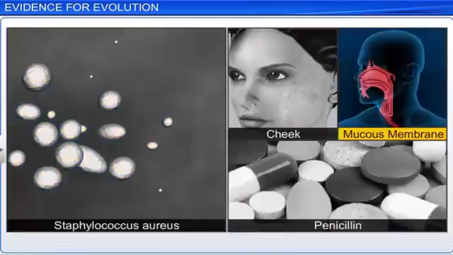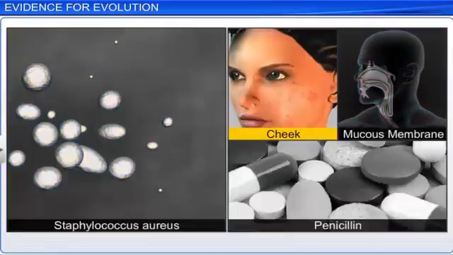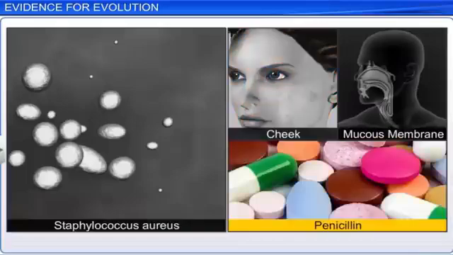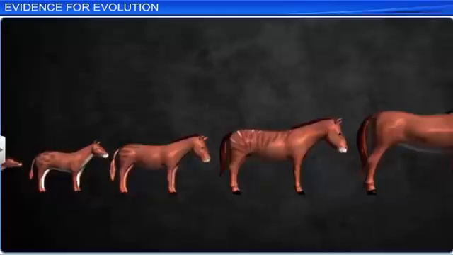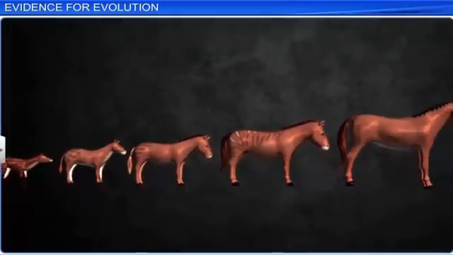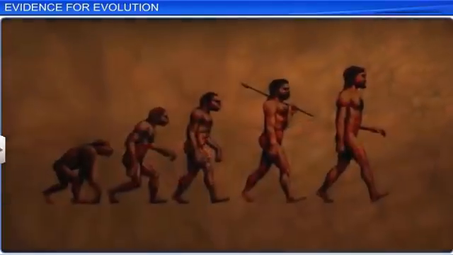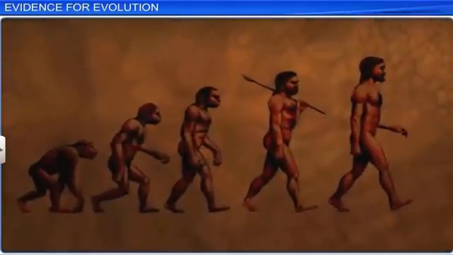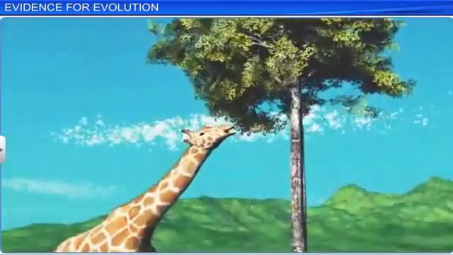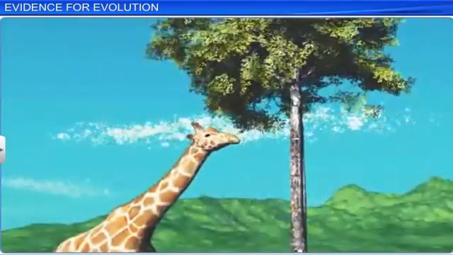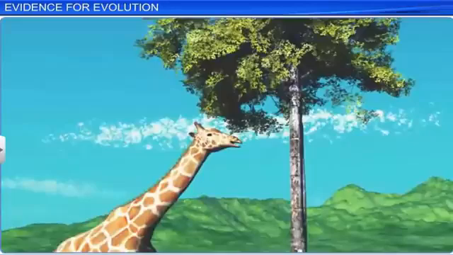Found on the mucous membranes and the human skin in around 1/3 of the population, it is extremely adaptable to the antibiotic penicillin. Therefore, we conclude that evolution is not a predetermined process, but a random process. It is completely based on chance events, chance mutations, and it is also impacted by human activities.